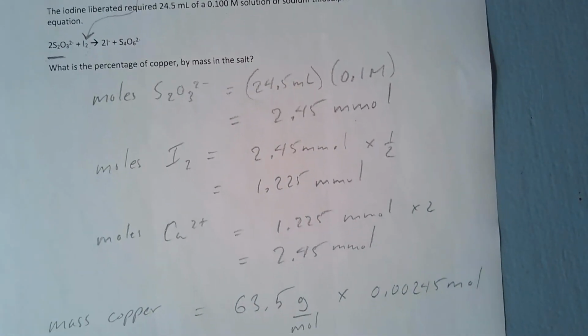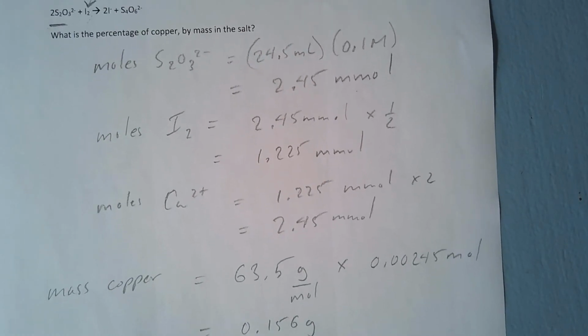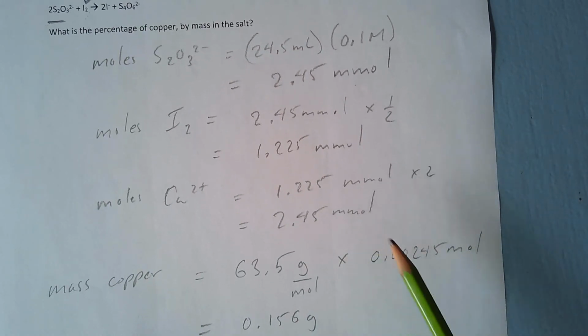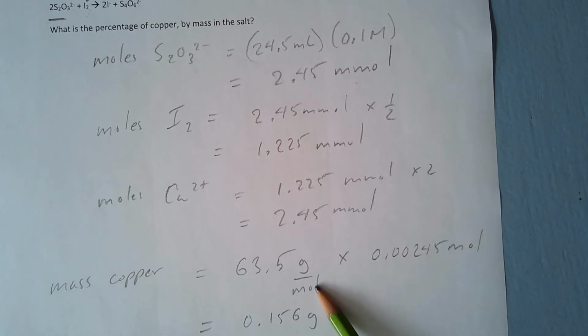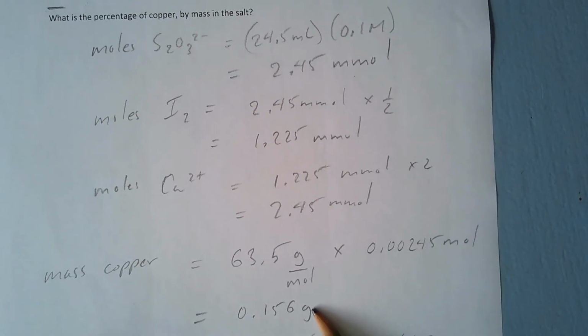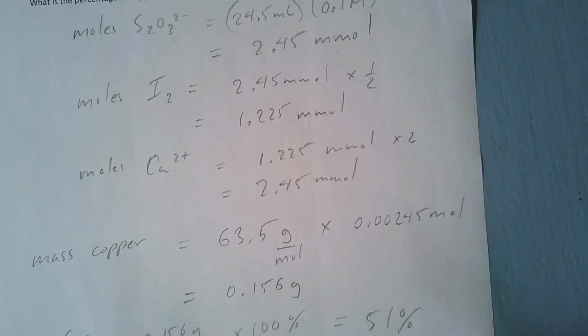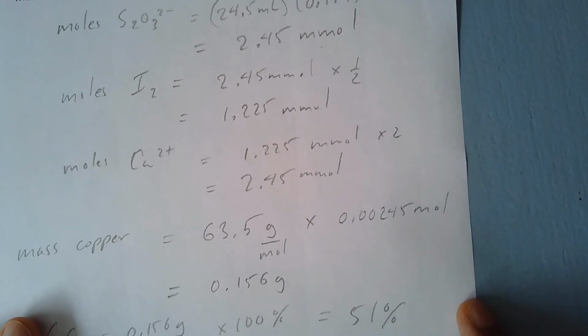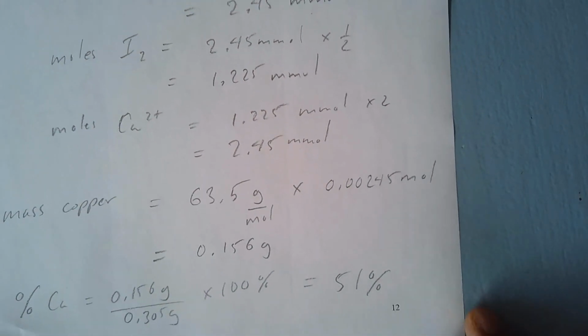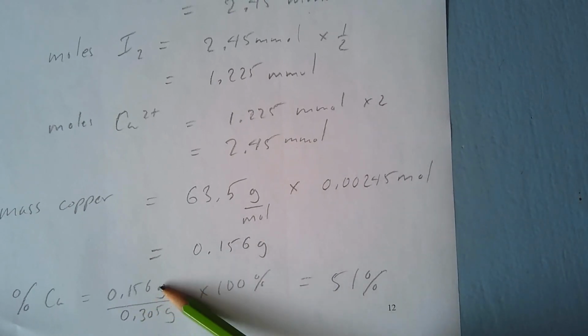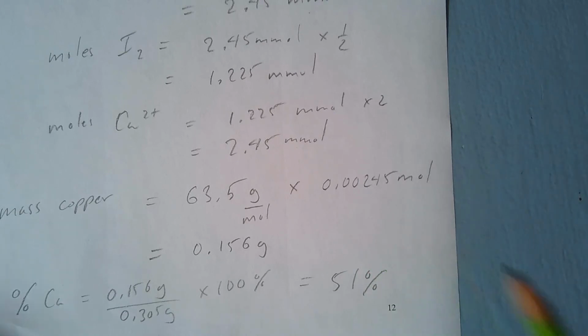And then we can find the mass of copper, so change that to regular moles, divide that by 1,000, multiply by the molar mass of copper, and that gives you the mass of the copper. And then we want to find the percentage. So the percentage is going to be this mass over the mass of the entire salt, and then that gives you about 51%.